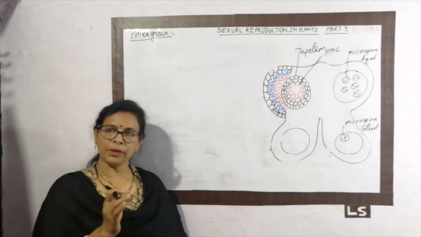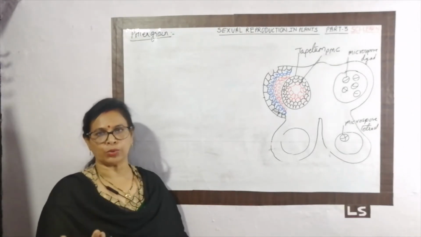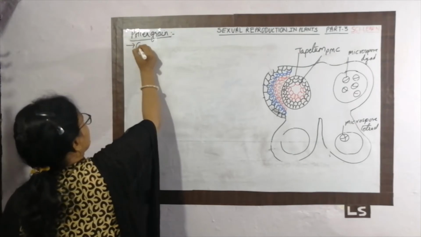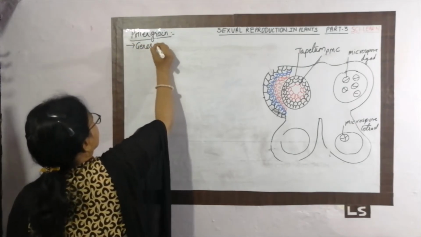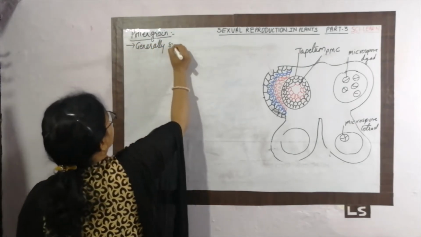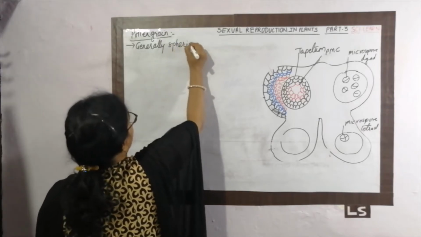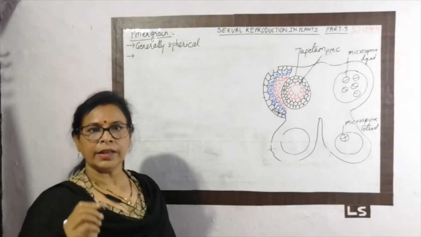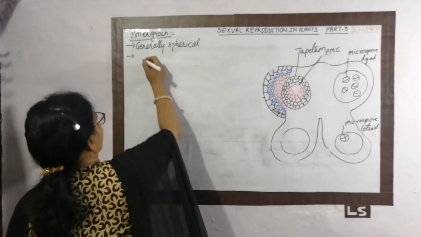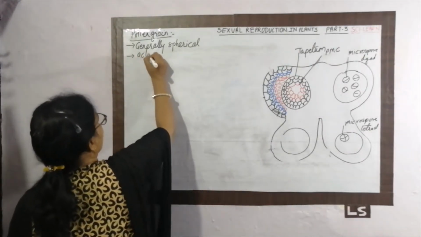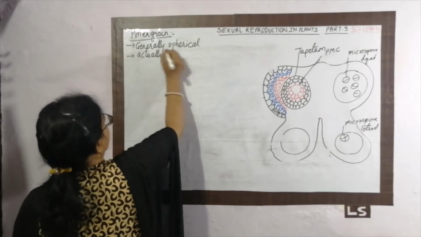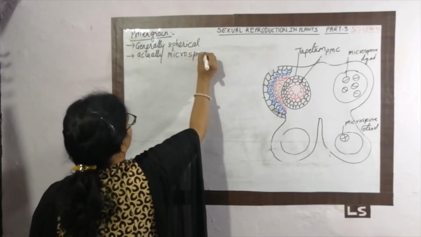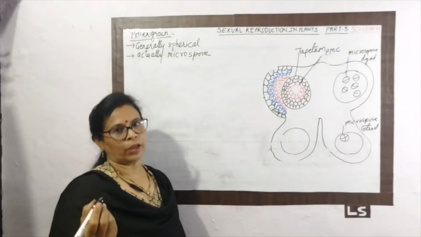When it is developed or mature, it is generally spherical or oval in shape. It is actually a microspore.